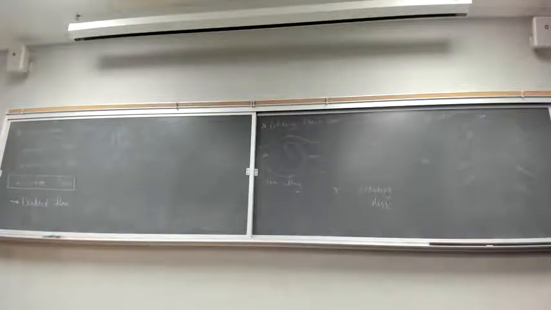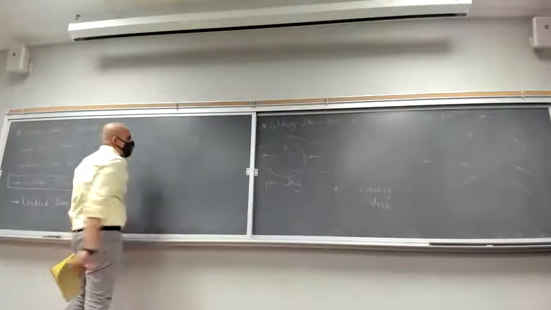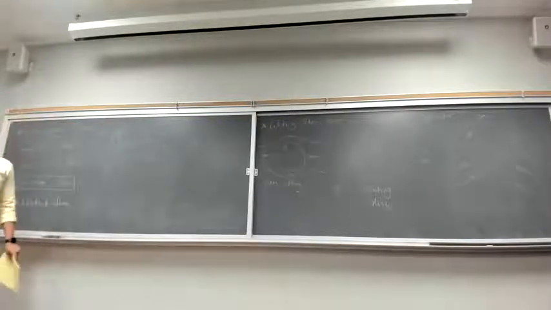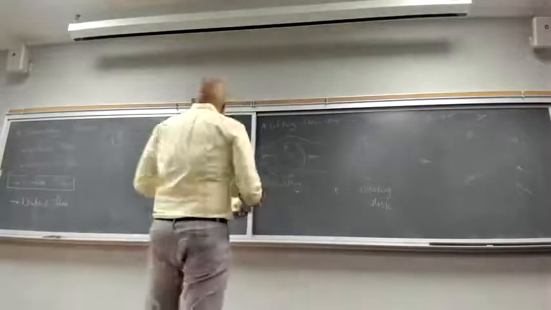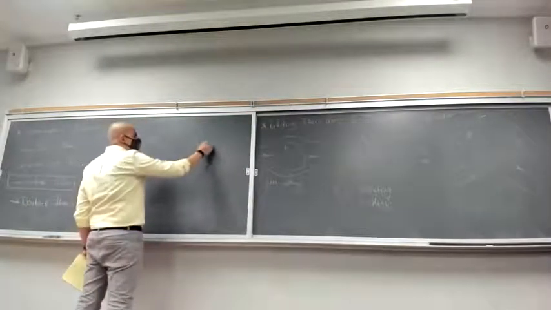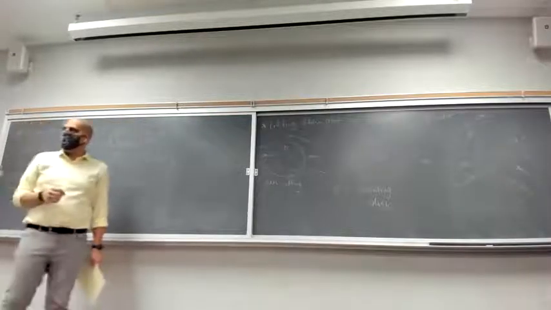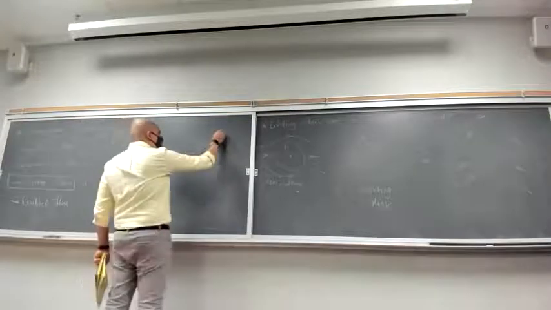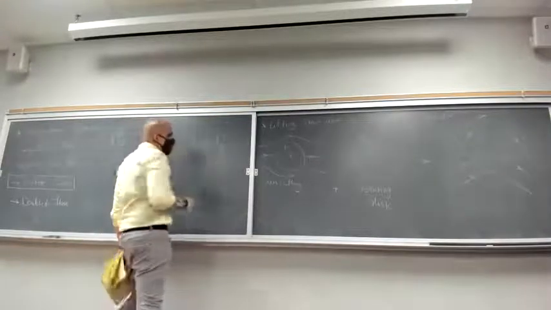We already have the stream function for the vortex flow. What is the stream function for the vortex flow? Go back to your notes and tell me. Gamma over 2 pi natural log of r.